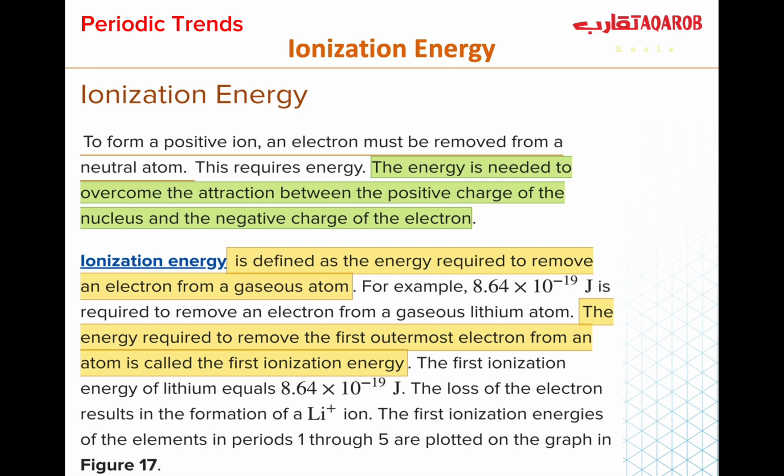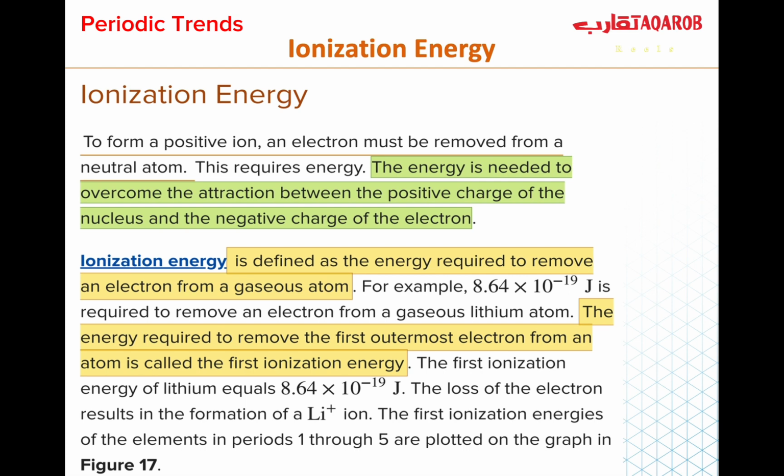8.64 times 10 to the power of negative 19 joule is required to remove an electron from a gaseous lithium atom. Okay, so this is the ionization energy to remove one electron from a gaseous lithium atom. The energy required to remove the first, outermost electron from an atom is called the first ionization energy.